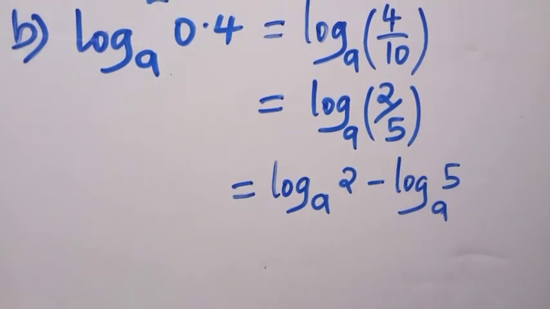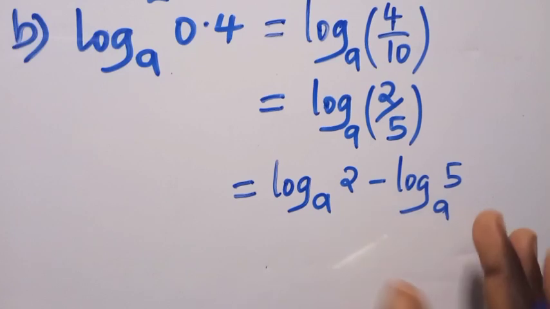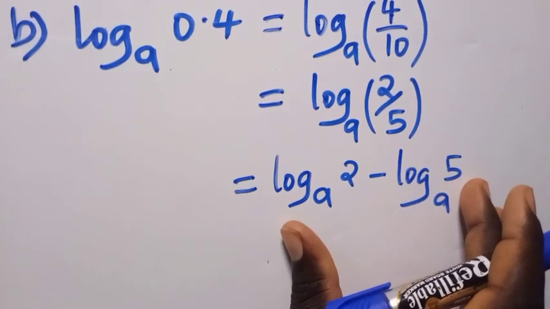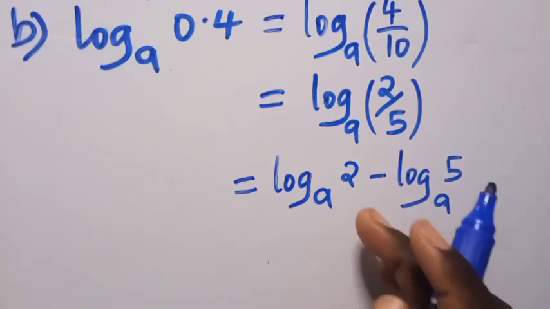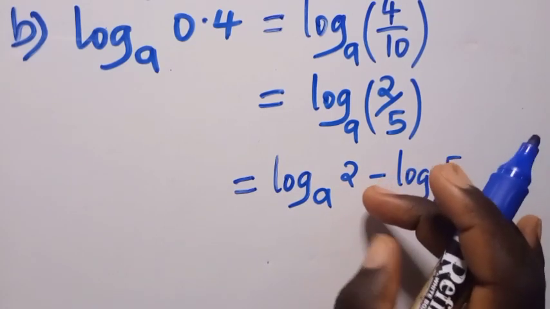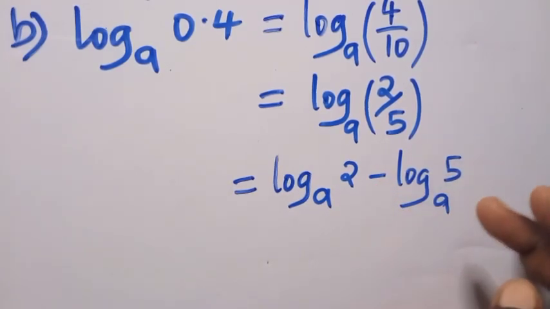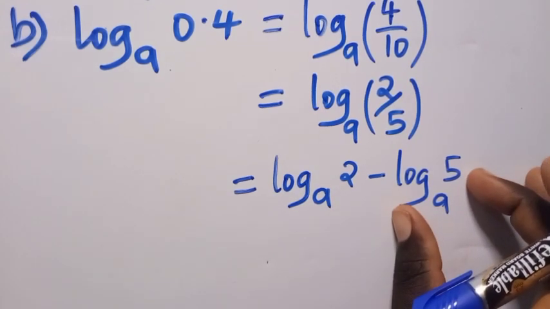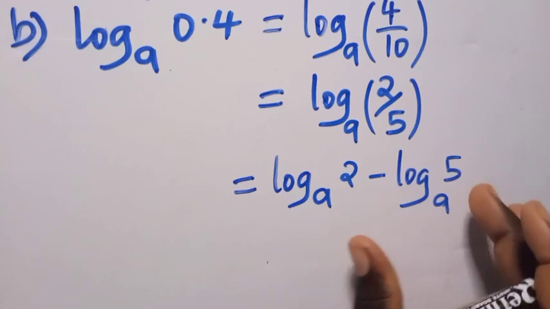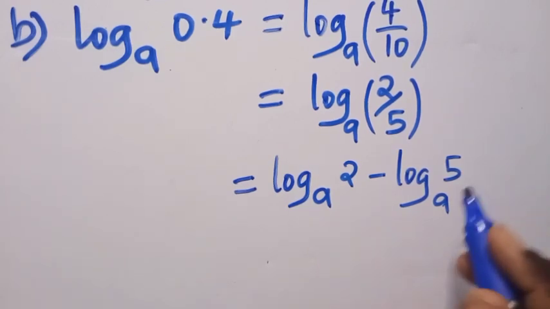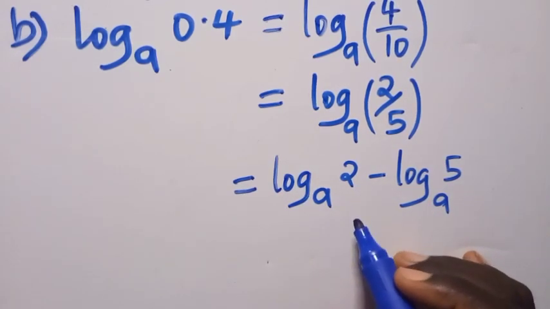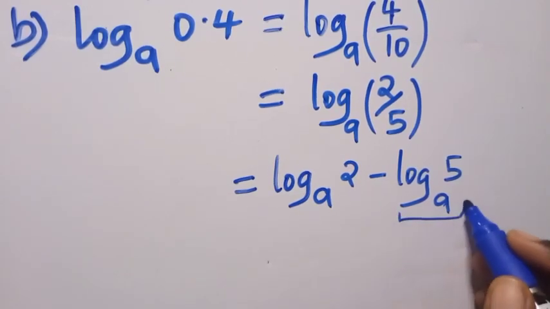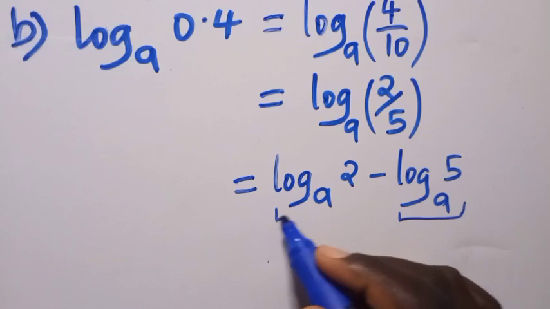We have not yet arrived at a point where we have the logarithm of 4 to base a and the logarithm of 5 to base a, because we have to express it in that form. The logarithm of 5 is achieved. Now, what do we do to this?